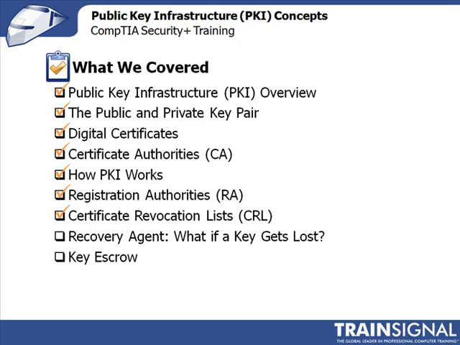Then I talked about certificate revocation lists. Those are lists of certs that can no longer be used. Sometimes the CRL contains information about why the cert was revoked, and when the last time communication with that cert was considered secure. Last, we talked about recovery agents and key escrow, both ways to back up your private keys, one for you and one for the government.